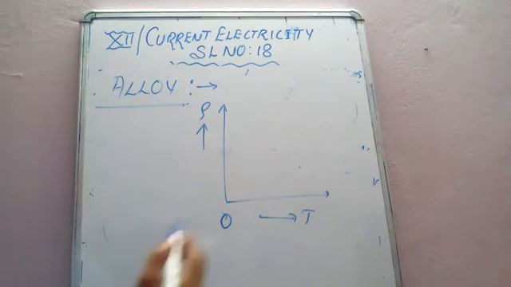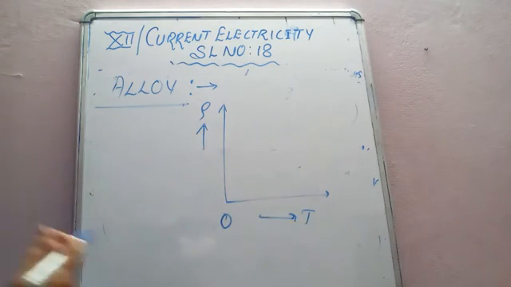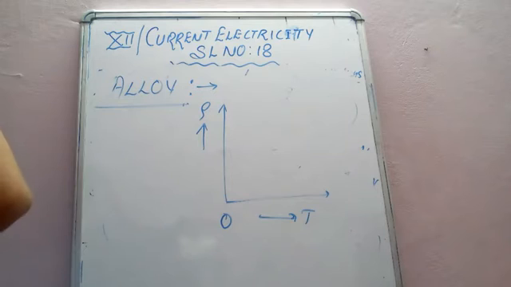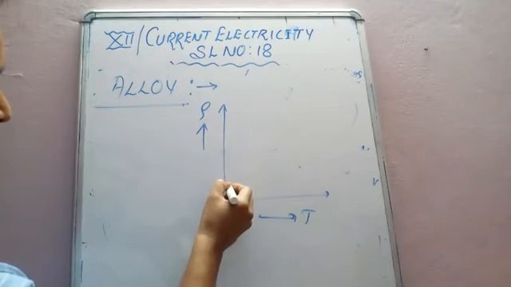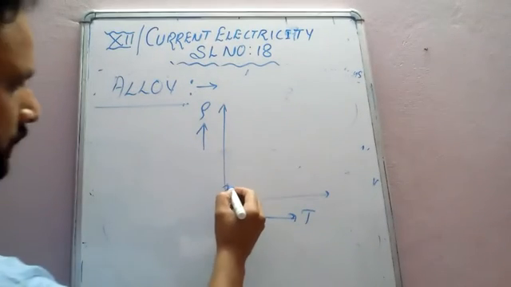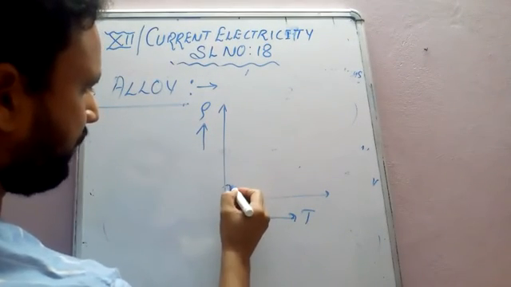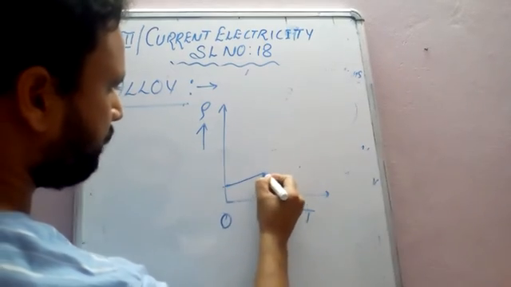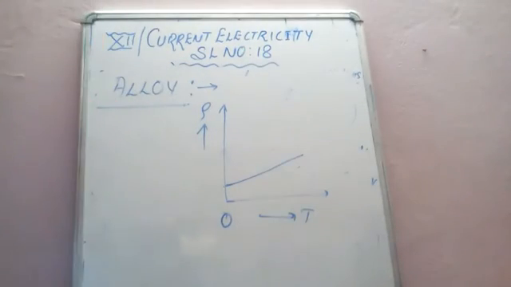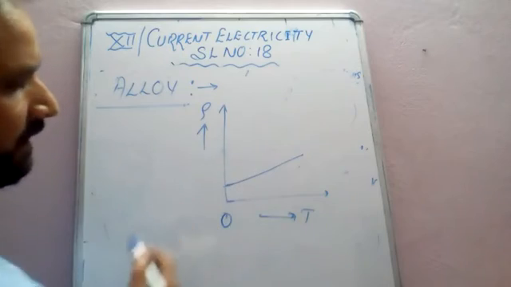What happens? With rise in temperature, how does the resistivity of an alloy material change? It has been observed that for alloys like nichrome and constantan, the variation of resistivity with temperature is very less.